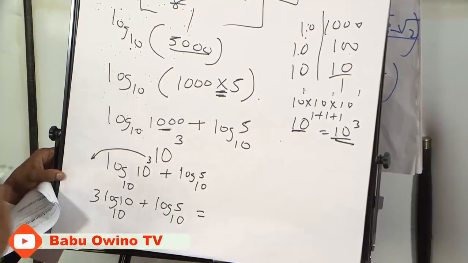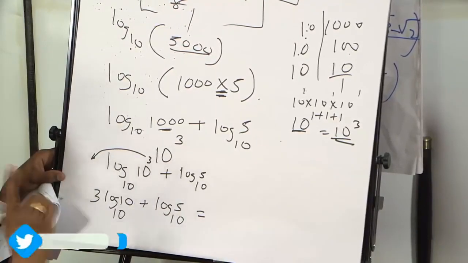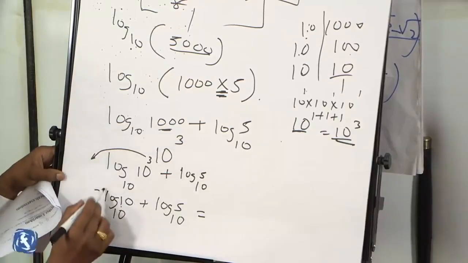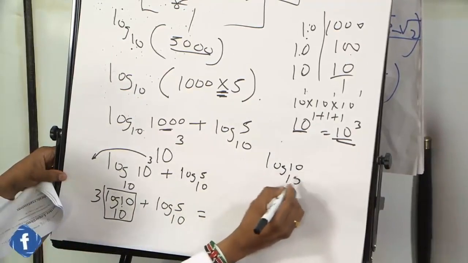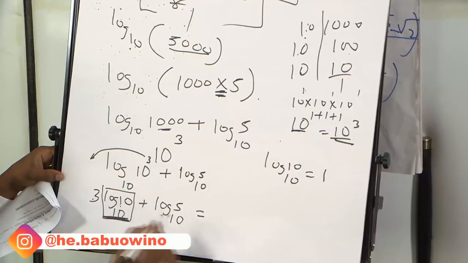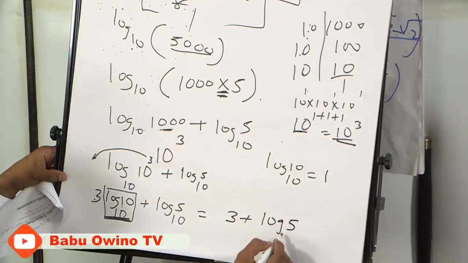Any log to its own base is 1. Log 2 to base 2 is 1. Log 10 to base 10 is 1. Therefore, you replace log 10 to base 10 with 1. 3 times 1 is 3, plus log 5 to base 10.